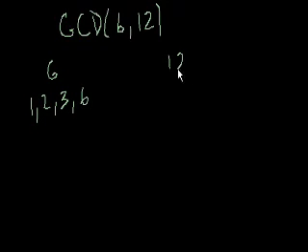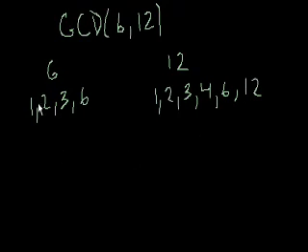Factors of 12: 1, 2, 3, I almost should have these memorized by now, 4, 6, and 12. It turns out 1 is a common factor of both, 2 is also, 3 is, and 6 is a common factor of both.